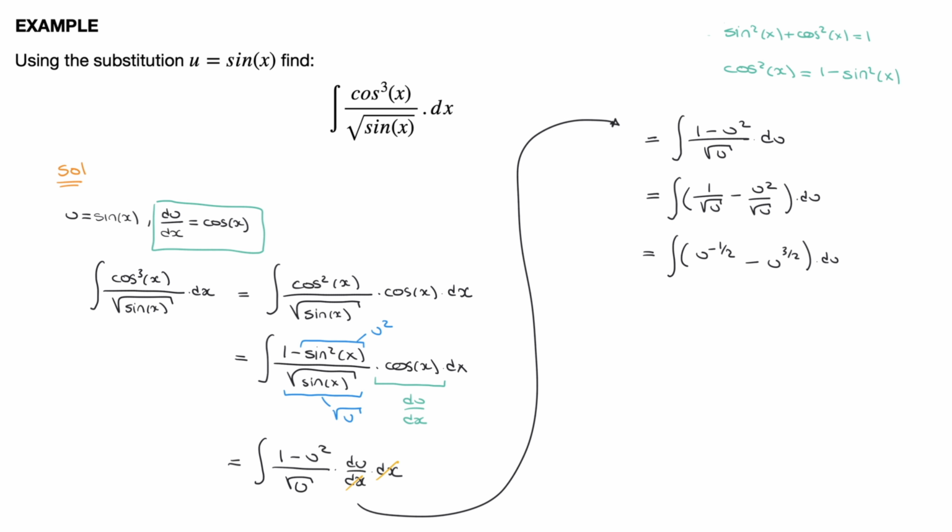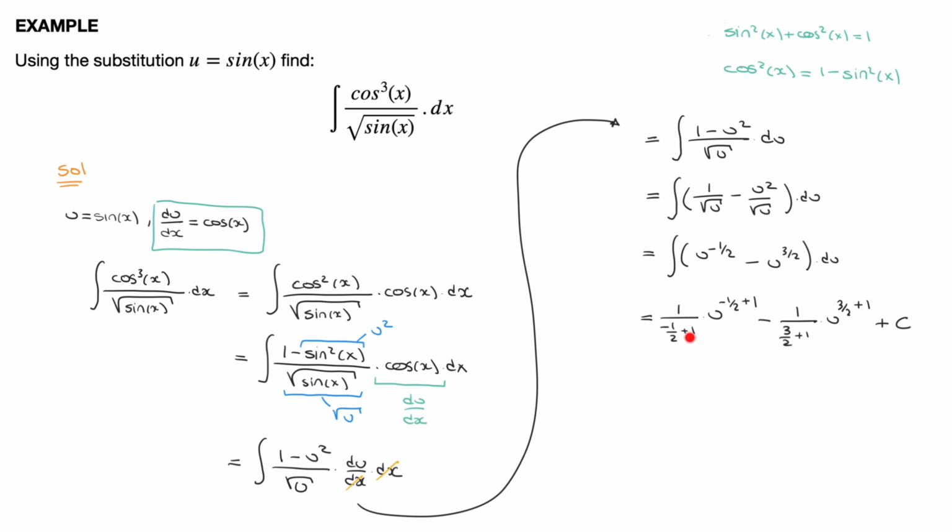And at this stage, I apply the power rule so that we have 1 over negative 1/2 plus 1 times u to the power of negative 1/2 plus 1 minus 1 over 3 over 2 plus 1 times u to the power of 3 over 2 plus 1. And of course, I'll have a constant of integration at the end here.